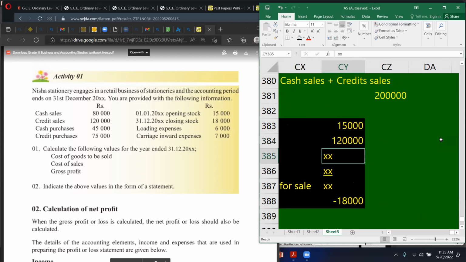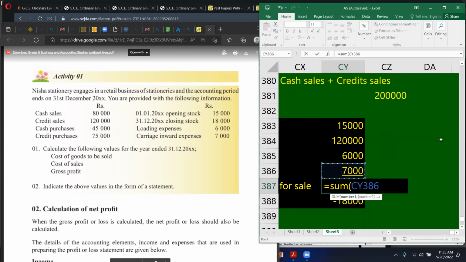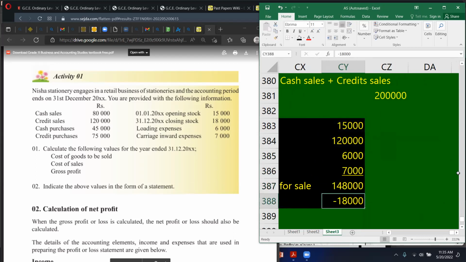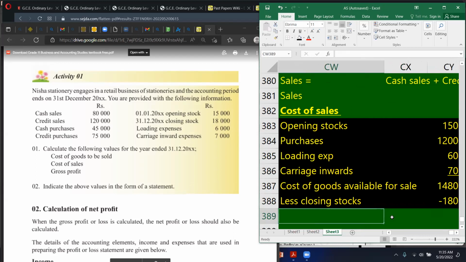Loading expenses 6,000. And this is 7,000. Take the total. Take that into here. The answer is 70,000. Gross profit is 70,000.